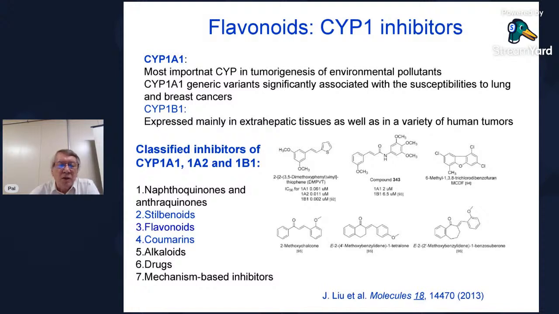Among them, I wish to call your attention to the stilbenes, the flavonoids, and the coumarins, which have similar structural features. Among the flavonoids, chalcones and cyclic chalcone analogs, the methoxy derivatives in particular, are very effective inhibitors of the cytochrome P450 1A enzymes.